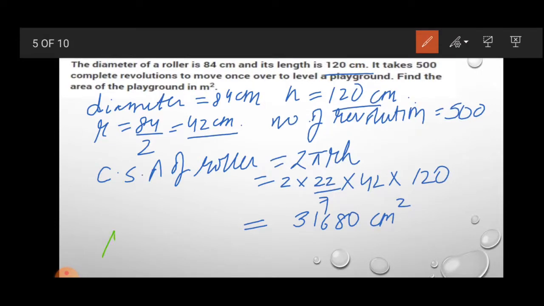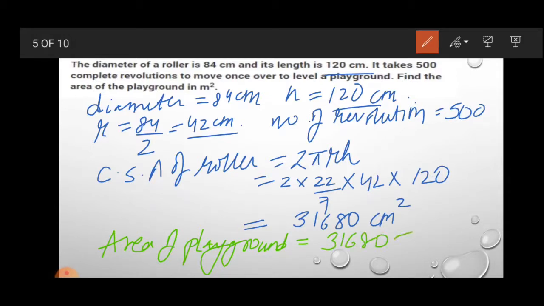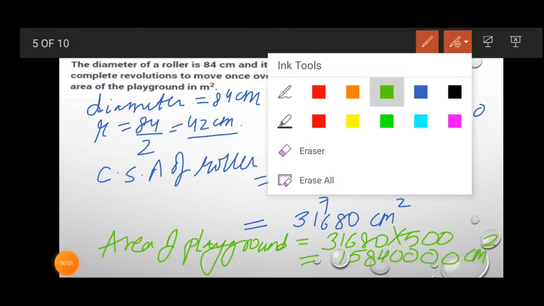Now area of playground is equal to 31,680 multiplied by 500.